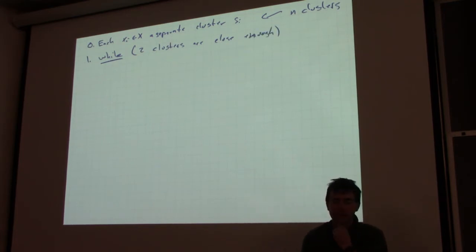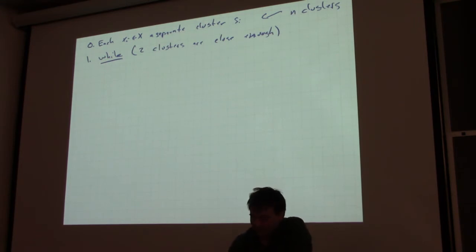But now when 2 clusters are close enough, then typically what I do is I don't just pick anything.